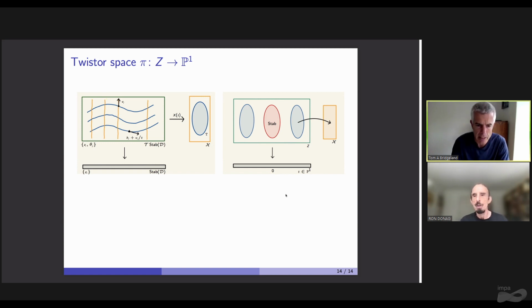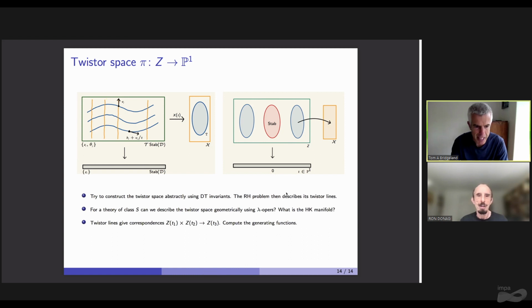I wrote something on this last slide, so let me just say this: I think the key thing is the geometry of this twistor space. There are these correspondences where, if you take 2 points in the fibers over 2 points down here and look for twistor lines which pass through, then generically there will be a unique twistor line passing through those 2 points, and then it will hit a third fiber at a unique point. So thinking about twistor lines gives you these correspondences.